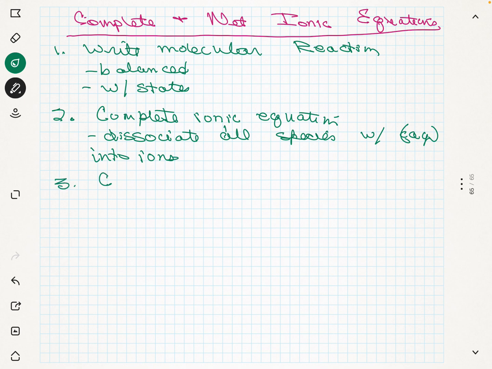Then we will cross out our spectators. And for our net ionic equation, we will rewrite without the spectator ions.